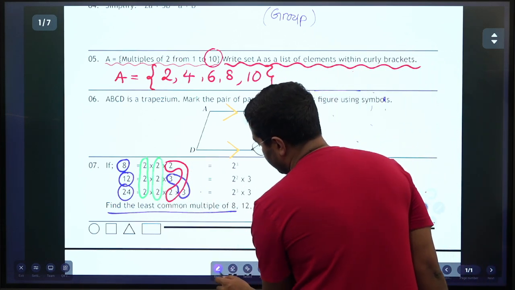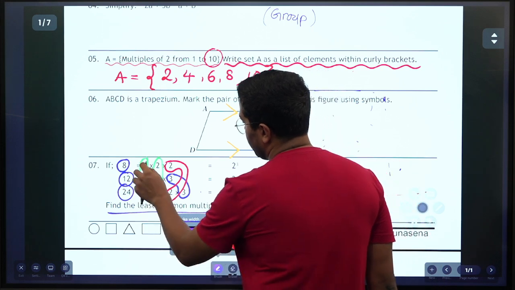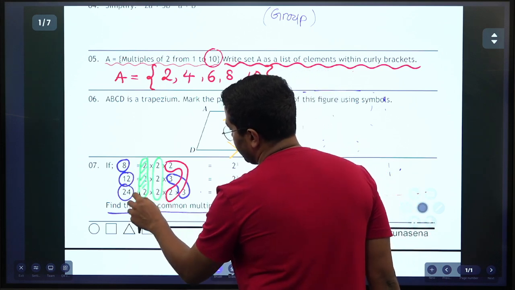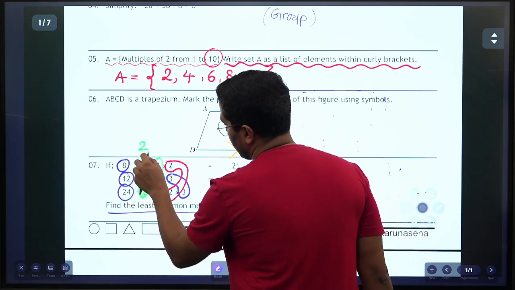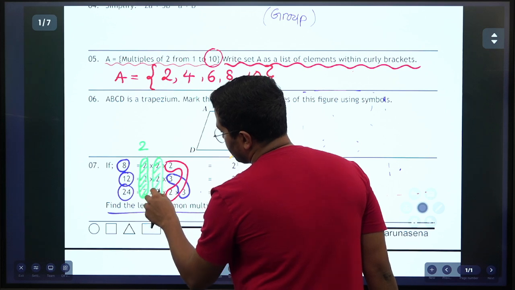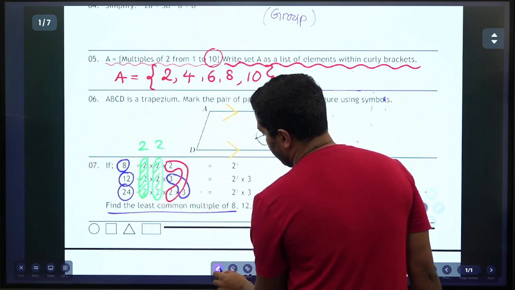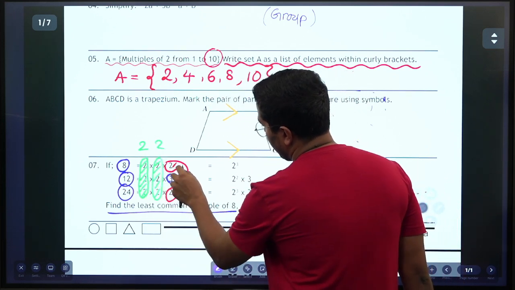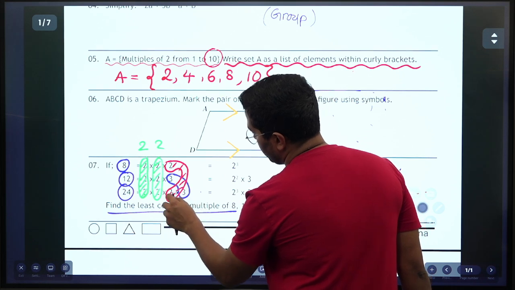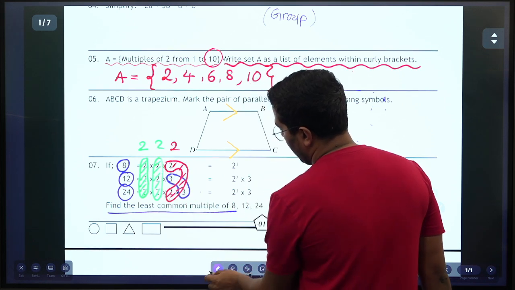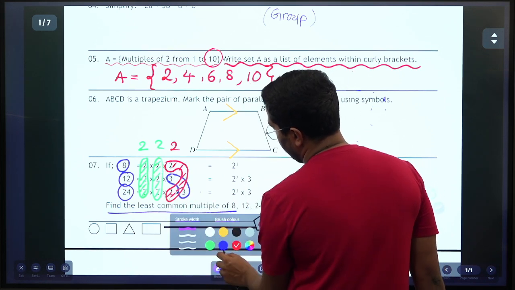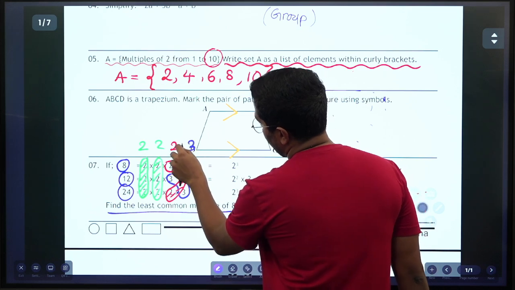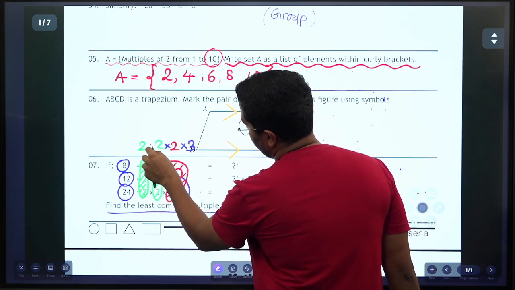Now when it comes to this number 2, you are not considering 2 three times, you are only considering this number 2 once. This number 2 again once. This number 2 again once. And then we have to consider this number 3. So let's multiply 2, 2, 2 and 3 together.